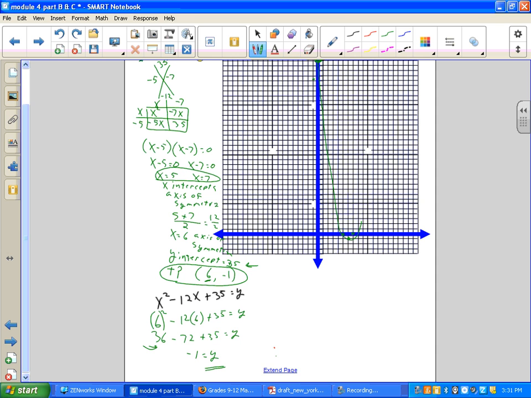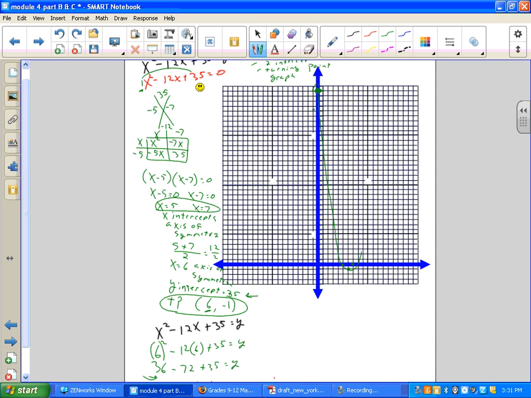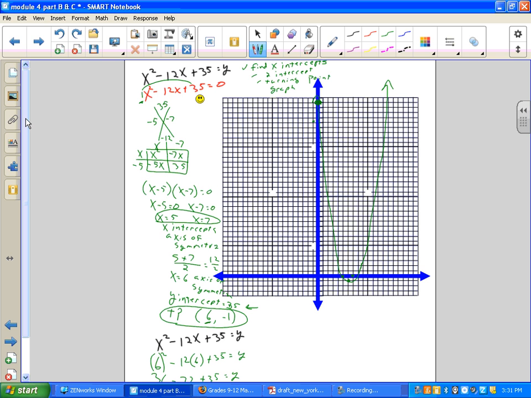Go up to the 35. Symmetrical on the other side. And don't forget to draw the axis of symmetry as a dotted line. And there you go.